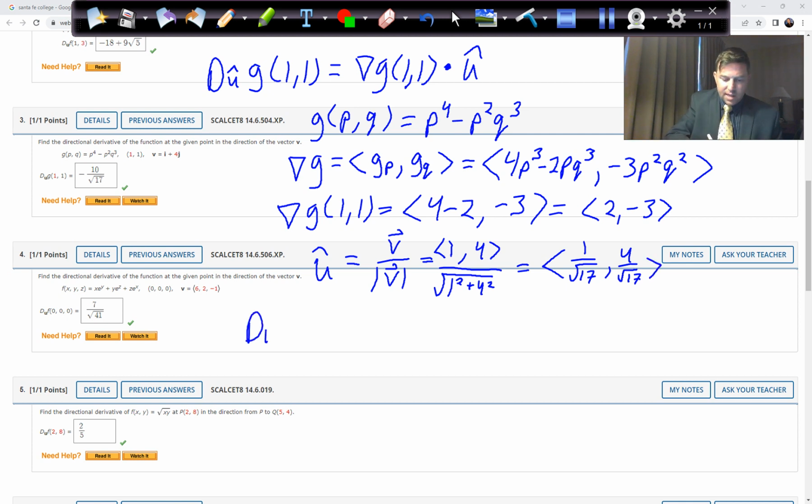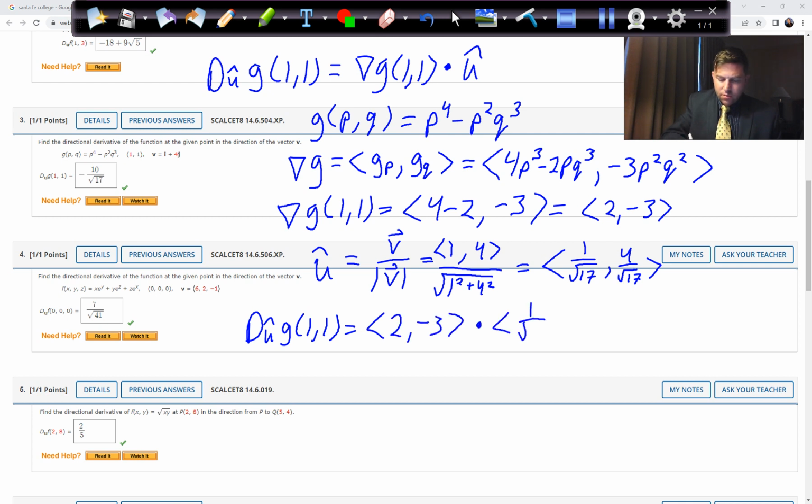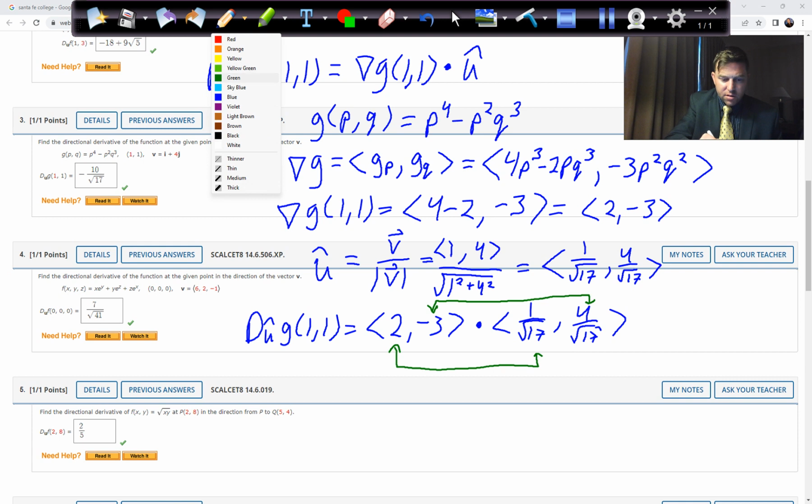And then we're going to dot that with the gradient g vector. So we have (2, -3) dotted with (1 over root 17, 4 over root 17). And just like before, we're going to multiply the first component with the first component, multiply the second component with the second component, and add those two multiplications.